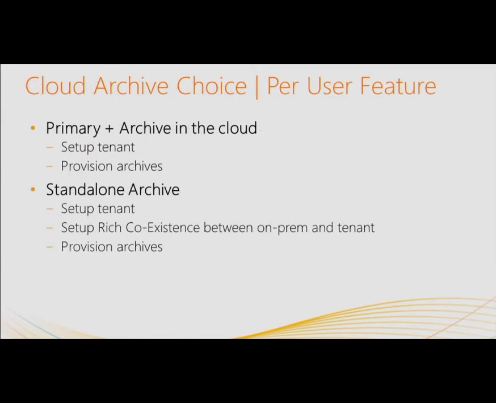All right, so what are the different steps that you need to do to actually deploy this? If you're in the cloud purely, you just need to subscribe for the license, and you're good to go. You enable the users for archive once you've assigned them an Exchange license, and they'd have access to the archive and start using it. You can further configure it for retention policies, tags, etc., but that's optional.